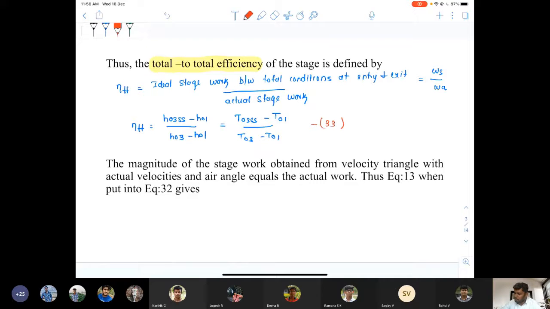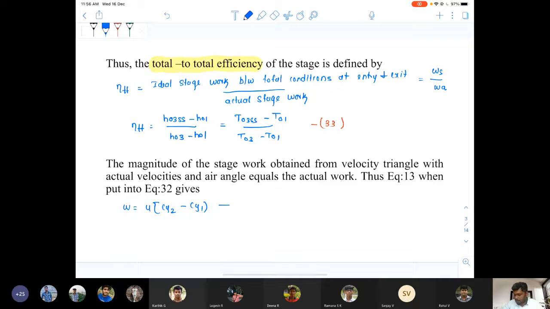Now, if we put equation number 13 into equation 32, equation 13 is what we have discussed in the stage velocity triangle. Equation 13 is W is equal to U into Cy2 minus Cy1.